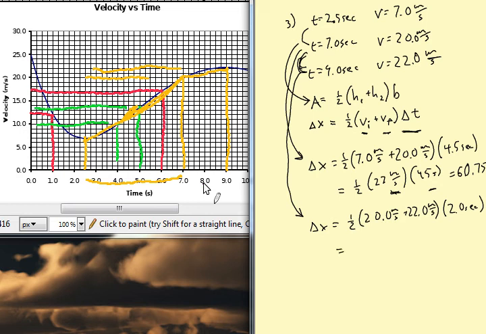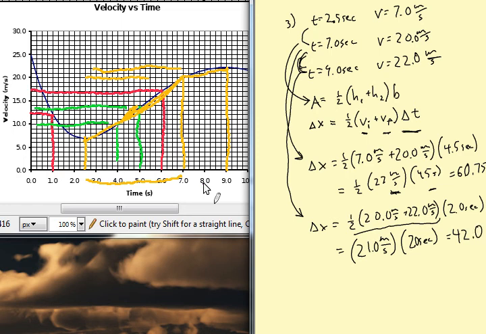Basically we're taking the average of 20 and 22, so this is 21 meters per second, and this is 2 seconds. You multiply these together and you get 42, and with sig figs, 42.0 meters for our second bit.